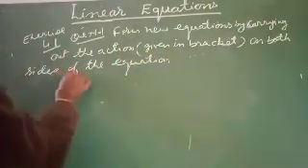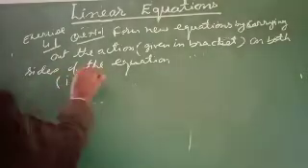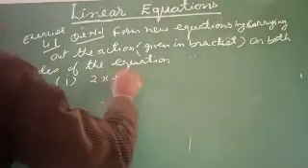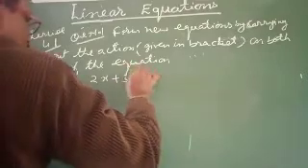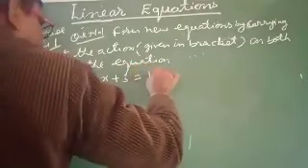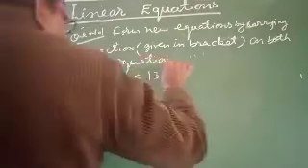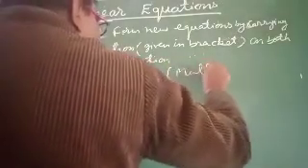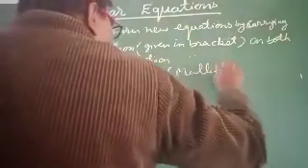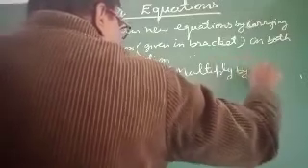The first part is 2x plus 3 equals 13, multiply by 2.